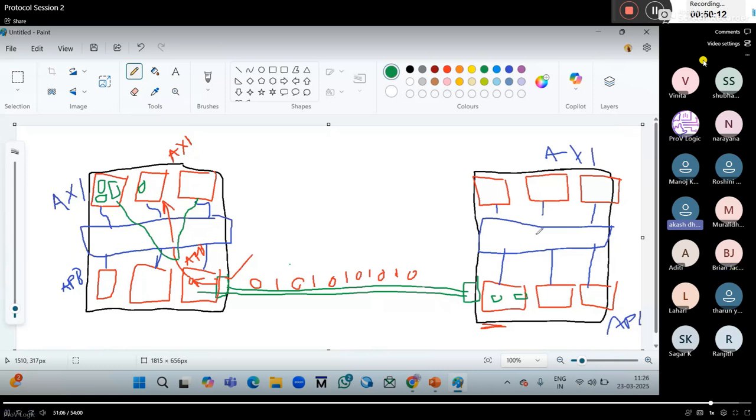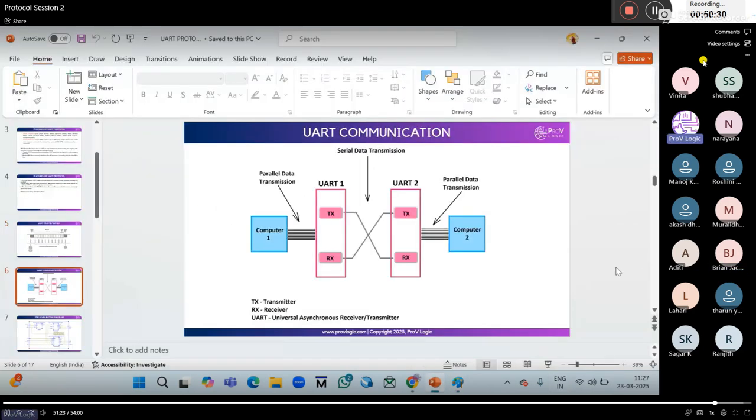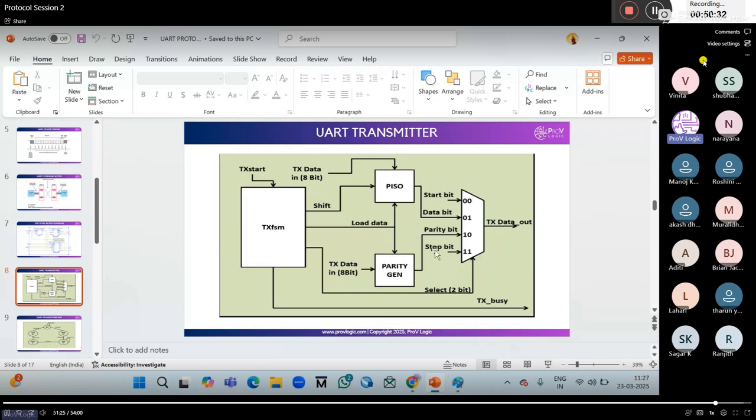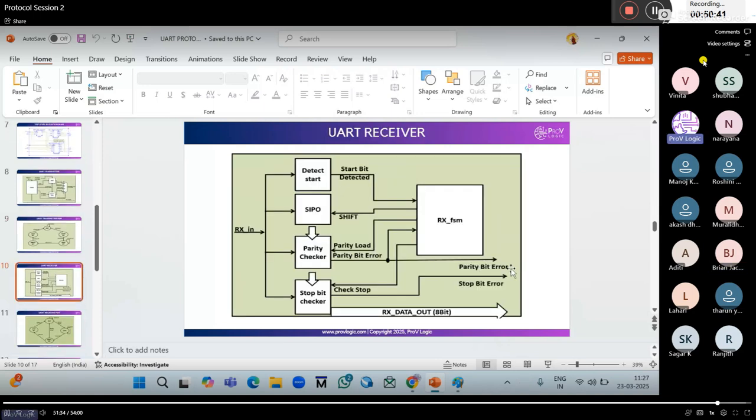At the beginning, you told that it will be stored in FIFO. So that FIFO stands inside the peripheral IP. FIFOs will be there not only in IPs, internal connections also have FIFOs. Here I just drew it overall. But if you see only the transmitter block, it has a finite state machine, PISO, parity generator, start bit, stop bit, mux, and here is the receiver.